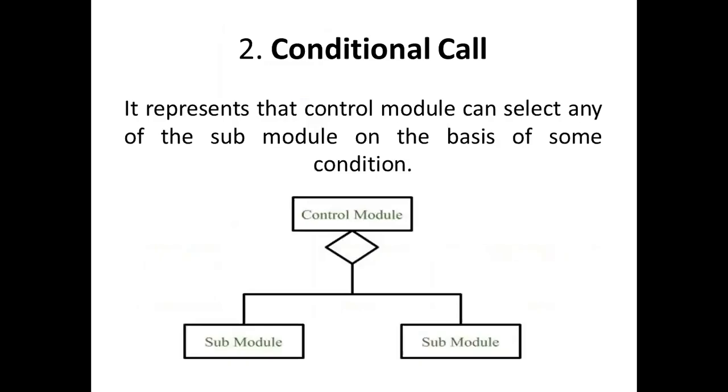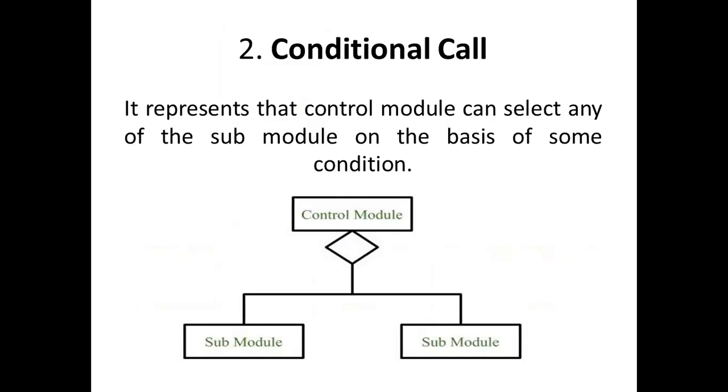Conditional calls. If we are using various conditions while writing our programs, or we are going to divide our project into various sub modules, then we can use the special symbols for the conditional call. This diamond shape is called the conditional call, or the condition.